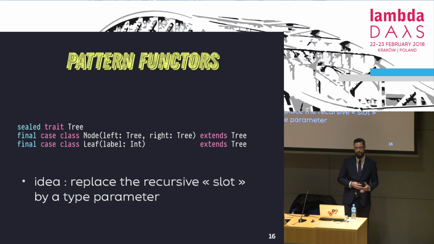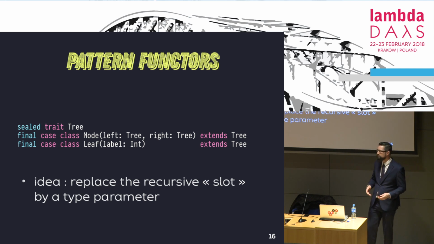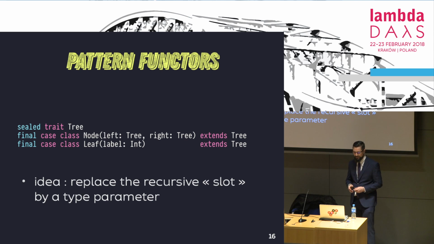So, let's start with a small example. First, we need a pattern functor. A typical recursive structure is the binary tree, right? So usually, if we are to implement a binary tree in Scala, we will write a sealed family, like a trait Tree and a Node that has two branches, which are recursive trees, and Leaf that only has a label or something like that.